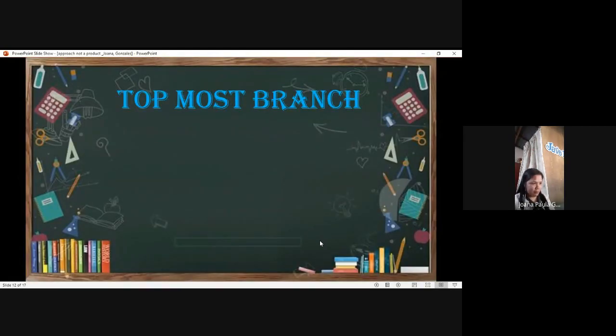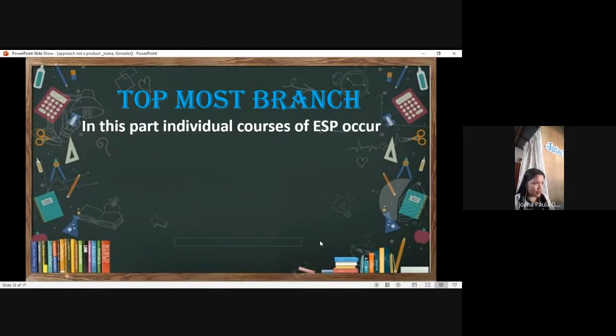Here are the top branches, the individual courses of ESP. First, English for medical studies. English for medical studies is a language program especially designed for medical students, students preparing for medical school, dentistry, pharmacy, and medical professionals interested in developing specialized English.